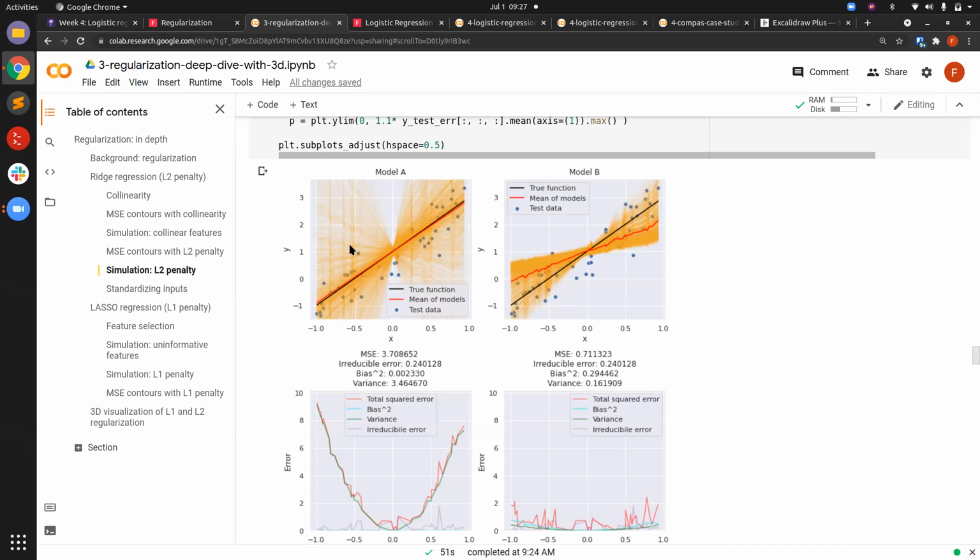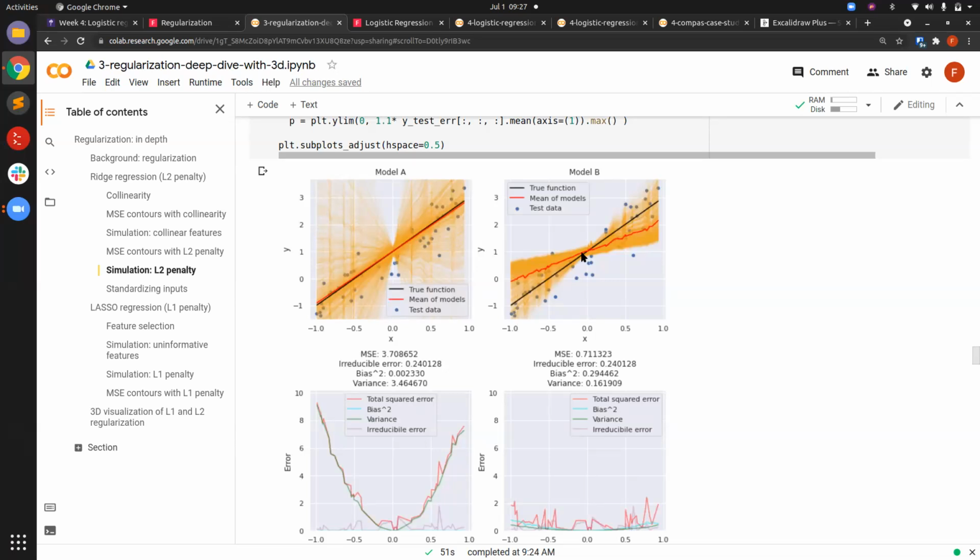So remember that the total error is composed of the squared bias, the variance, and the irreducible error. And here, by adding the regularization term, we increase the bias term, but we decrease the variance term. So depending on the relative magnitude of those increases or decreases, it might be worthwhile to add bias.